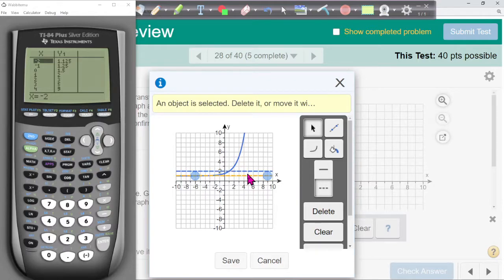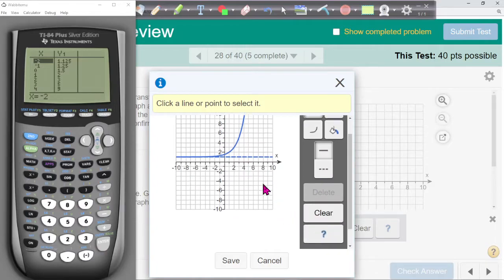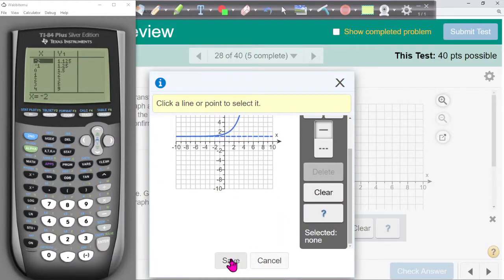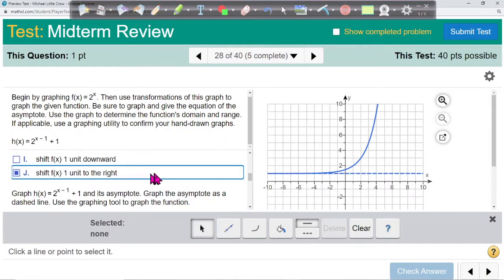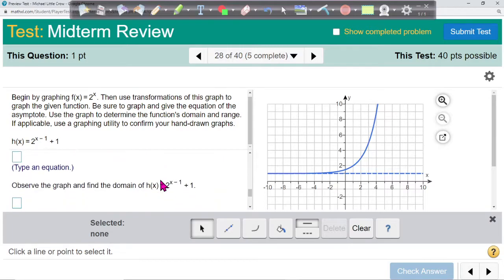Now I need to take this and move it down there. I don't know why that did that. I wasn't paying attention. So there's our horizontal asymptote, and then it looks like we've got everything good there. Let's save it. Okay. We've done that part. We've graphed it now.